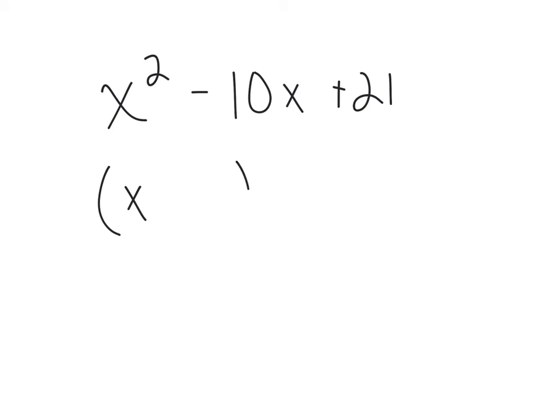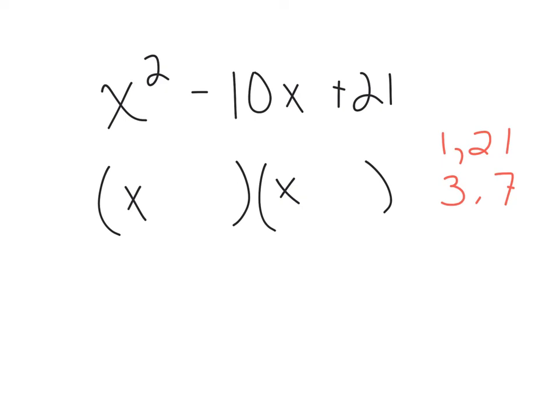Third example, x squared minus 10x plus 21. So again, I have my two binomials. So if I'm thinking of my factors of 21, we know 1 times 21 is 21 and 3 times 7 is 21. If I look at my two options, I want to somehow get to negative 10.